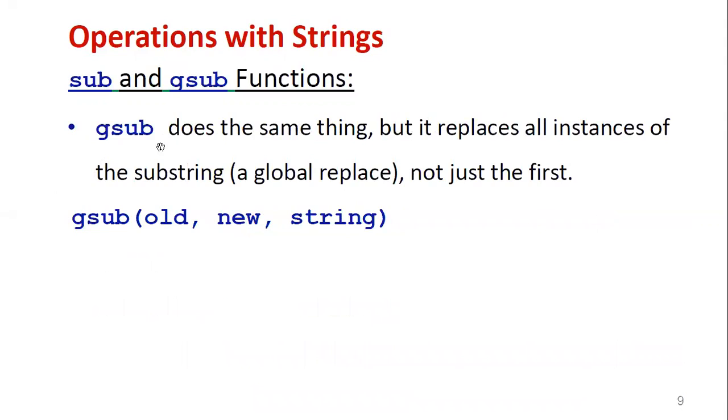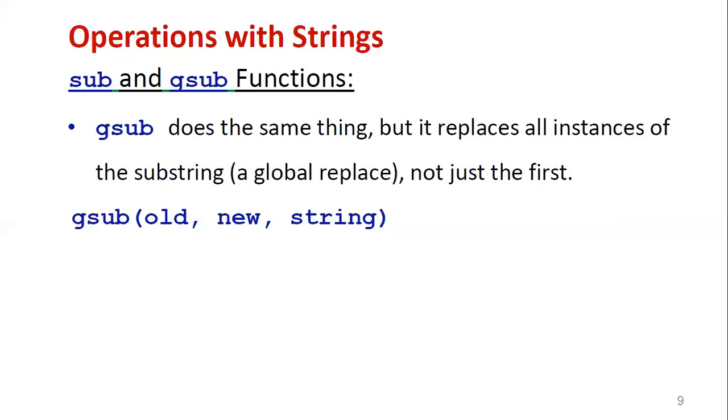So gsub does the same thing, but it replaces all instances of the substring, a global replace, not just the first. Sub means only the first match, only that replacement will be done.